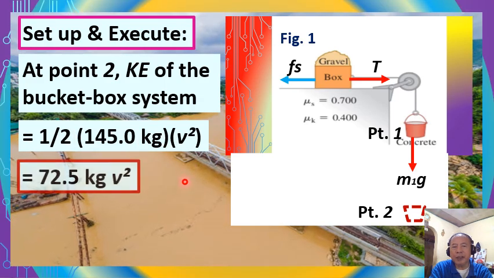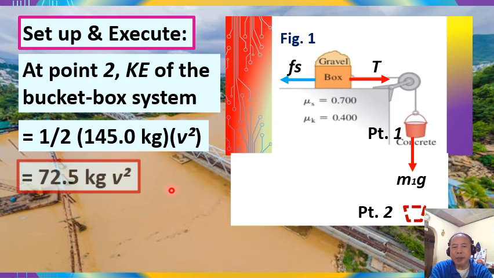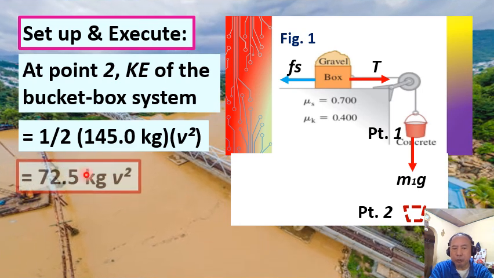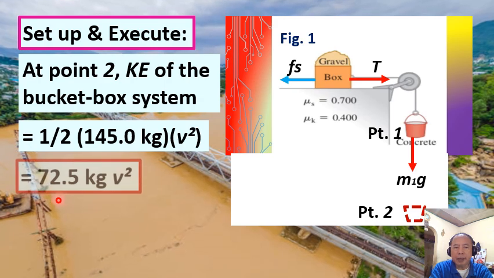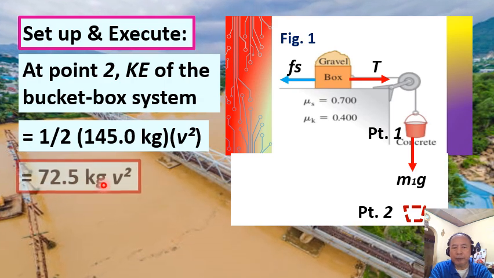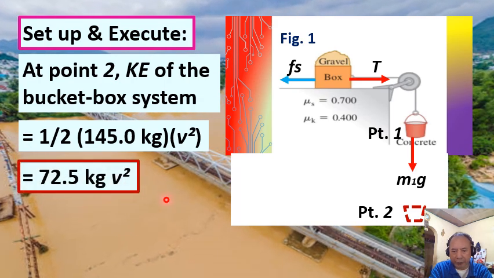And when we simplify, the kinetic energy of the bucket and box system at point 2 may be expressed for now as being equal to 72.5 kilogram v squared.